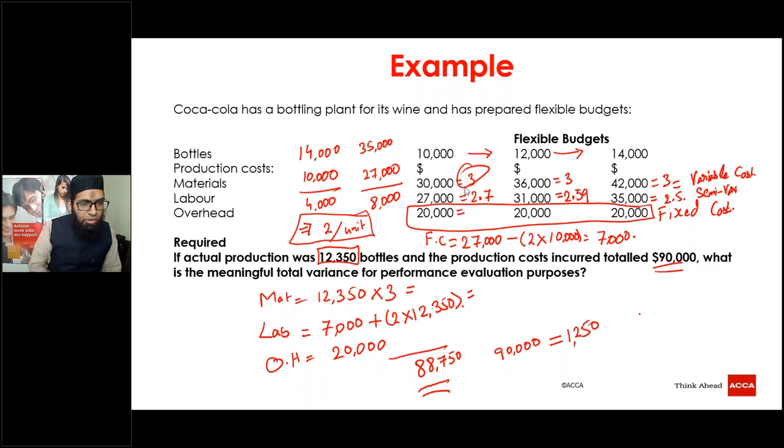Yes. So a couple of people are still active. It's good to see that. So this will be the adverse variance because in actual I have spent more than the budget. Okay.